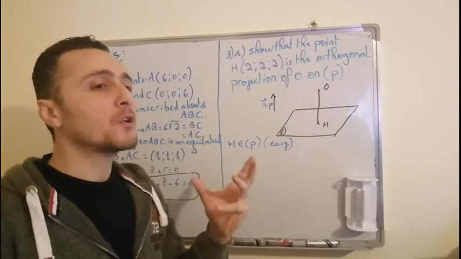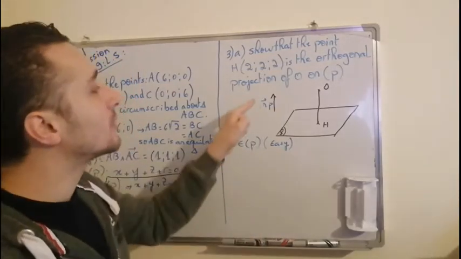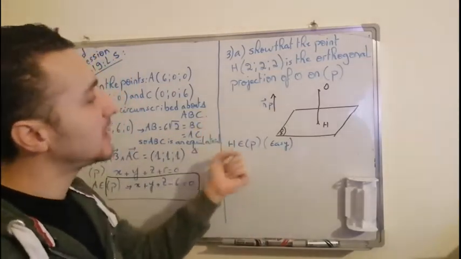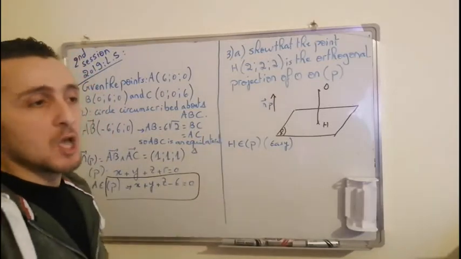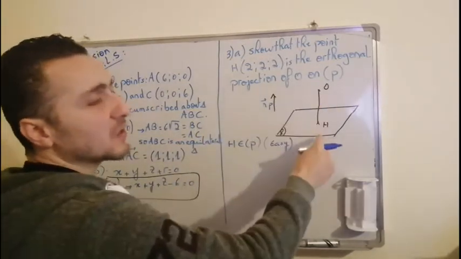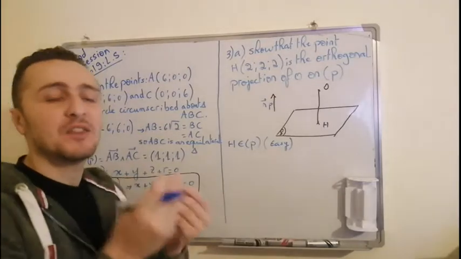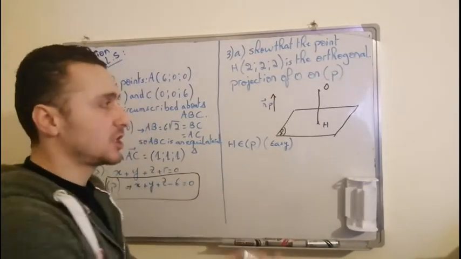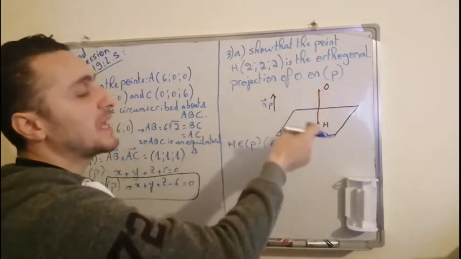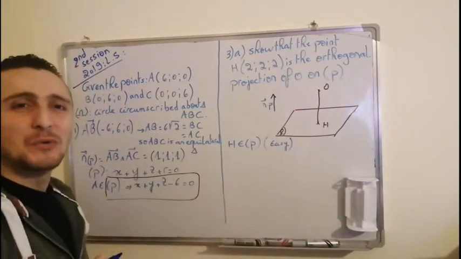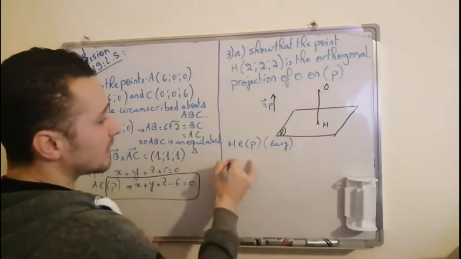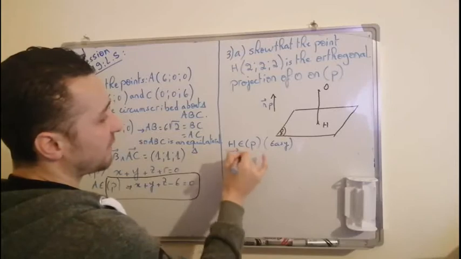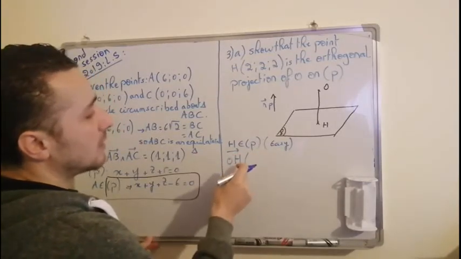What's the meaning of normal vector? I mean the normal vector is a vector perpendicular to the plane. So if the vector OH has the same direction as NP, then OH is perpendicular to the plane P. We calculate the coordinates of the vector OH.